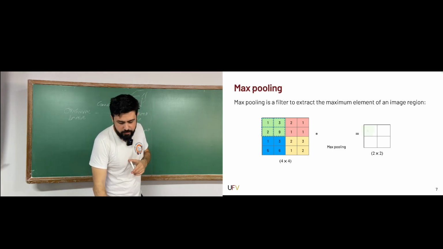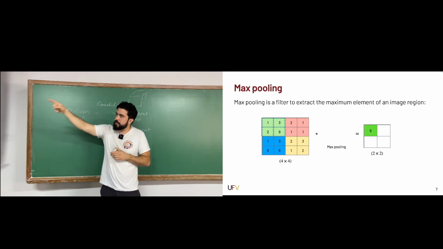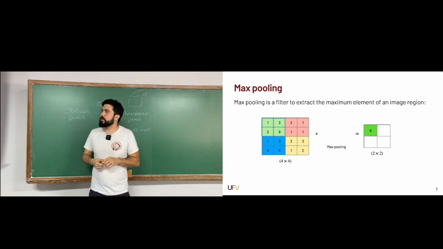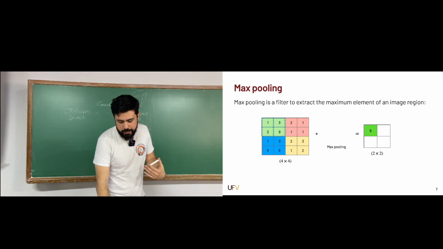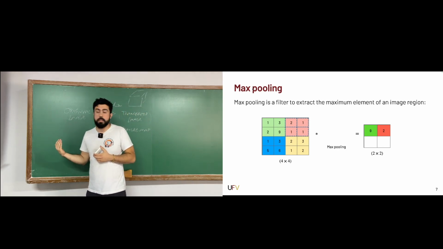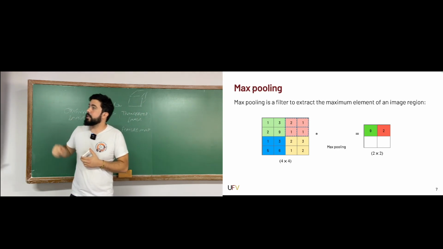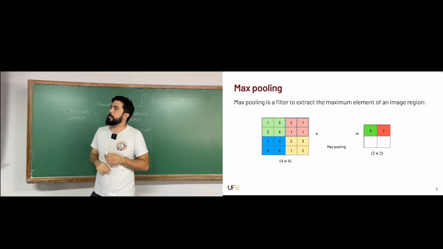In this case, we get 9 as a result, because 9 is the maximum of 1, 3 and 9. Then we have a stride to the right, and here there's a stride of 2. The window slides by 2 steps at a time.